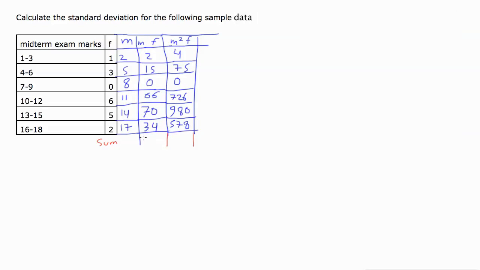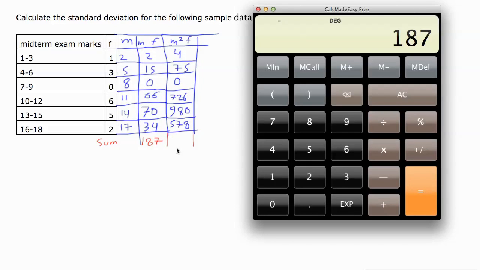So I have this here, 187. Okay, so I got the sum of mf. I need to get the sum of m squared f as well. So that will be 4 plus 75 plus 0, which next is 726 plus 980 plus 578.